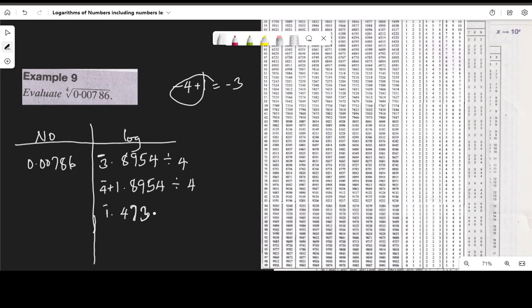34 divided by 4 is 8, remainder 2. That 2 that remains, let's assume we place 0 behind it, which makes it 20. 20 divided by 4 is 5. So the number that will come behind this will be 0.5.